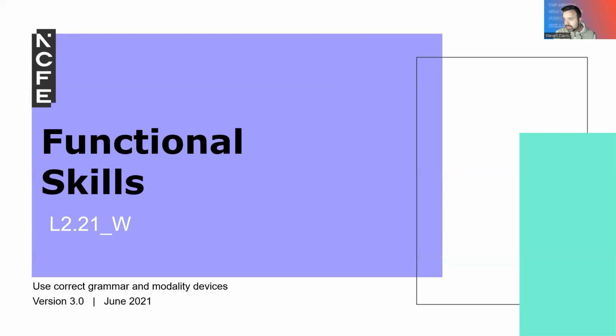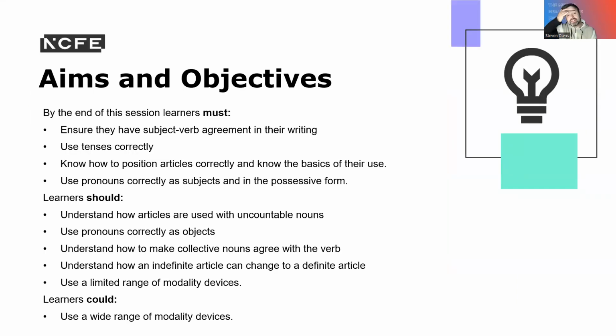So let's get started. The aims and objectives for today are that learners must ensure that they have correct subject-verb arrangements in their writing, use tense correctly, know how to position articles correctly, and know the basics of their use. Use pronouns correctly as subjects and in the possessive form.